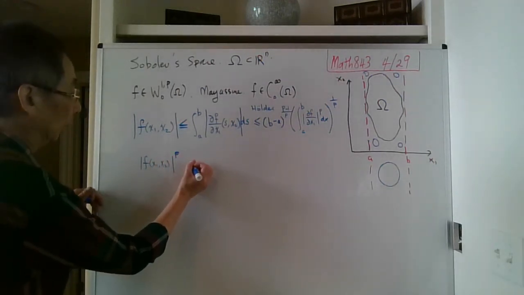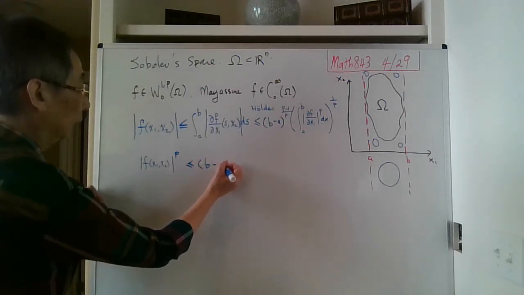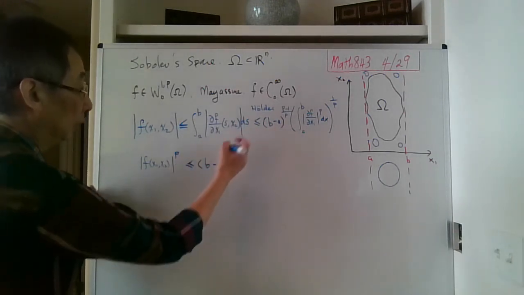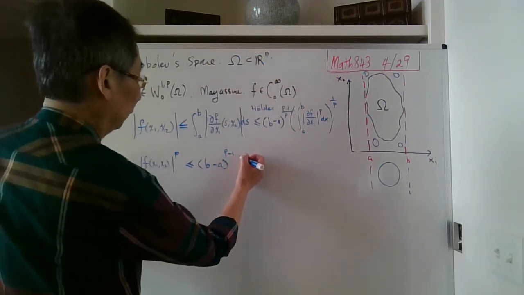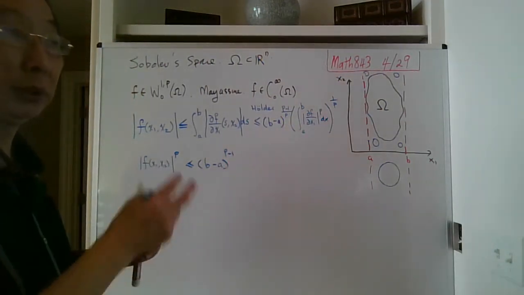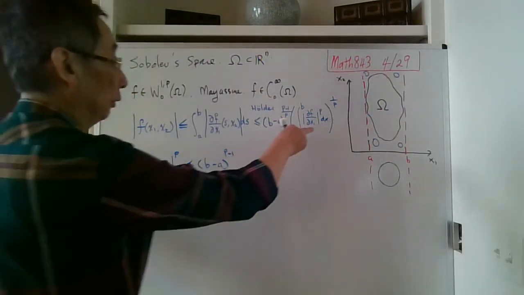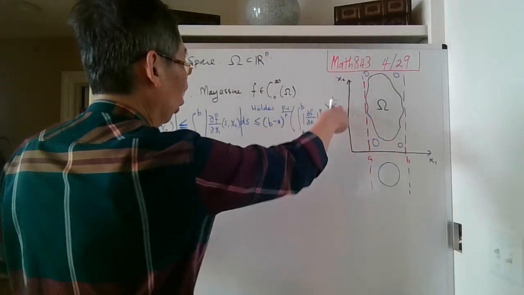Now this one will be less than or equal to what? Less than or equal to (b minus a), and then taking the p-th power, you get p minus 1 here. And then you have, so I'm not going to write this as a norm. That's the main difference between the 1D case and the high-dimensional case: I have to keep the integration here. Once you take the p-th power, you remove 1/p outside.